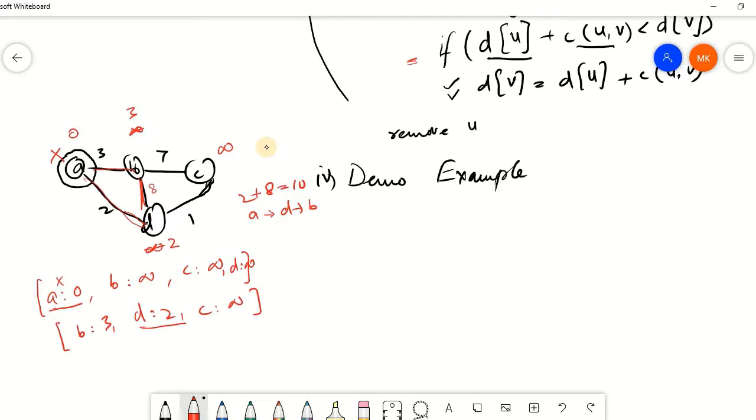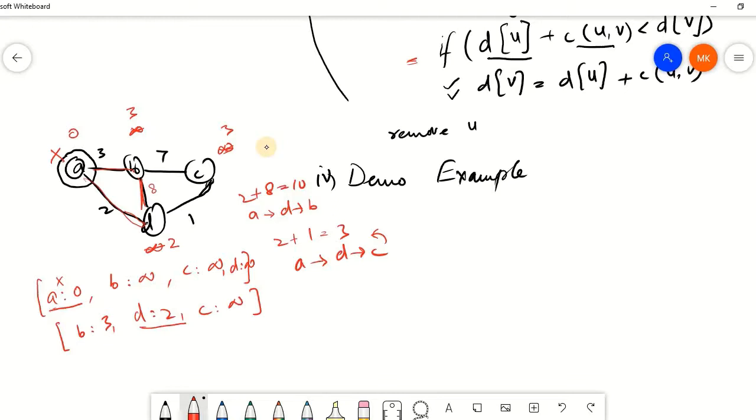From D we can also go to C, and if we go from D to C, that would be the cost that we accumulated while we reached D, so that would be 2 plus 1 equal to 3. So the cost from A to D to C is actually 3, while the current value that we have over here is infinity, so we'll update it to 3.